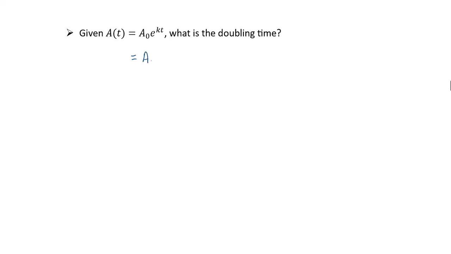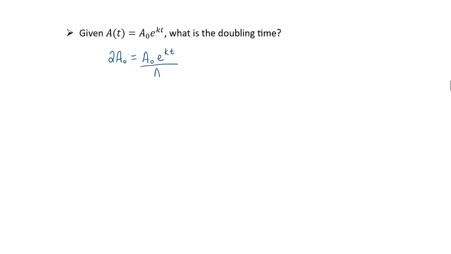A sub 0 is my starting population size, e to the kt, and if I'm looking for the doubling time, then the amount at the doubling time is going to be 2 times the starting amount. Now let's see if we can solve for t to get the doubling time.